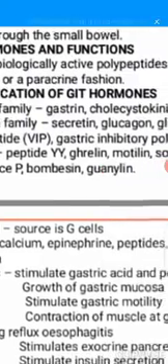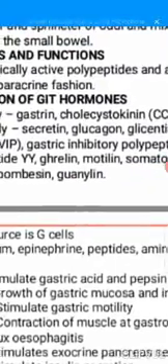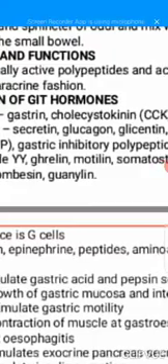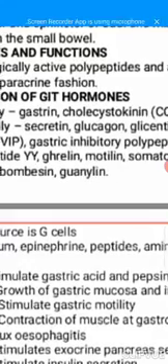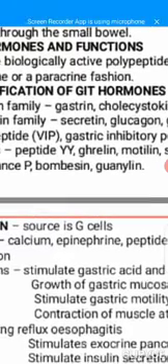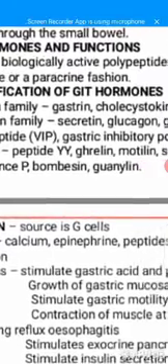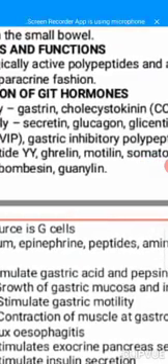The gastrin family, GC, General Coordinator. This is where we have gastrin and CCK, cholecystokinin. The two of them are produced by the G cells.